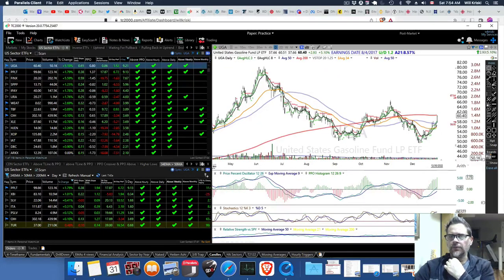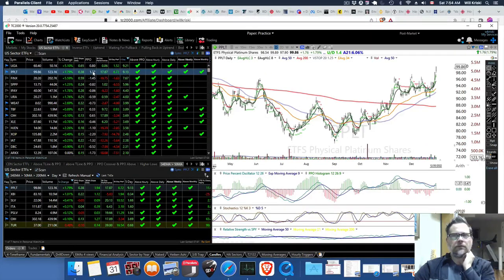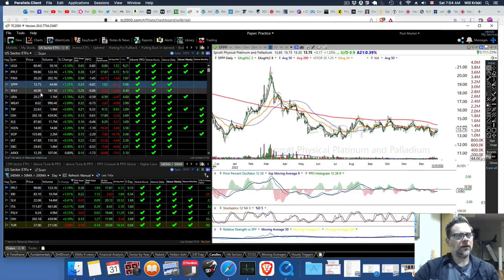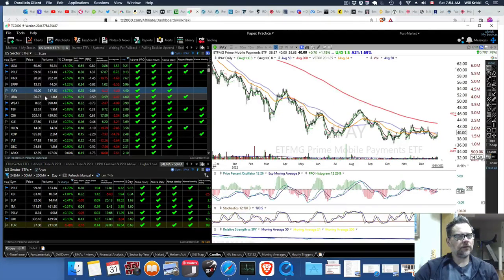That starts to show you a bit of the ones that have a bit of an uptrend going. Gasoline, so we're getting back up above the 50. Platinum is doing well. It's broken out above this high here. Momentum is above zero, crossed over. What else?